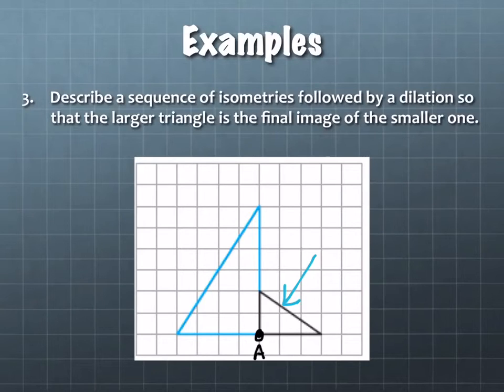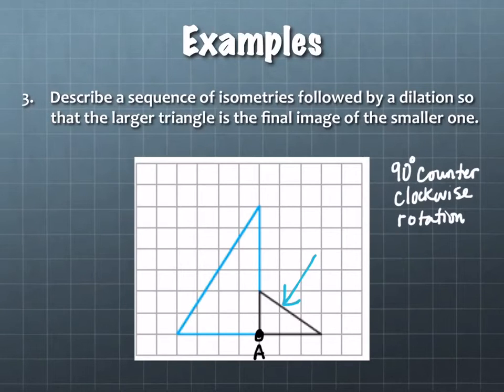So we first have a 90-degree, what was it, clockwise or counterclockwise? Counterclockwise rotation around, about, whatever word you'd like, point A. Okay, so that's the first thing.